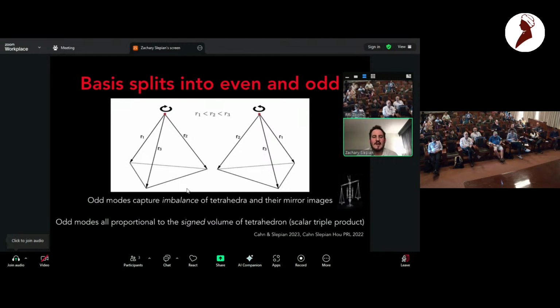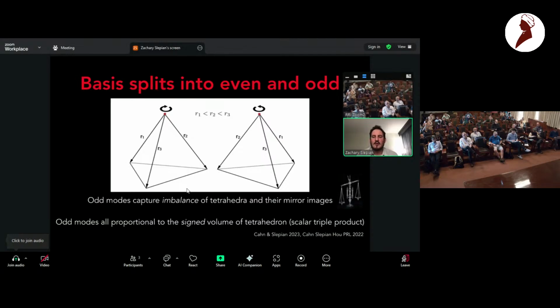Now this makes sense because the odd modes all turn out to be proportional to the signed volume of the tetrahedron, which is called the scalar triple product. And so if you turn something inside out, it makes sense that you would pick up a negative sign on the volume. The volume is going to flip sign because what's inside is now outside.